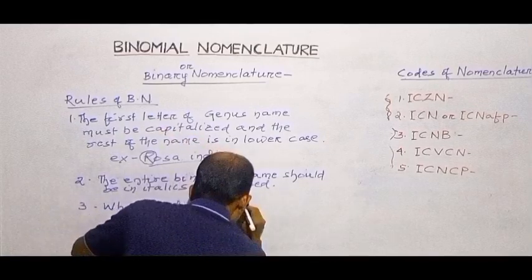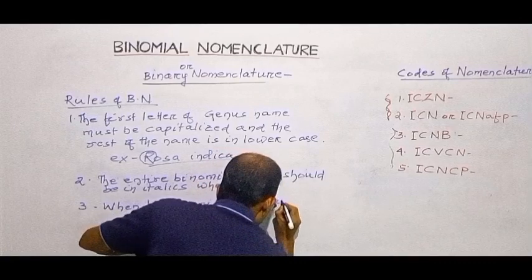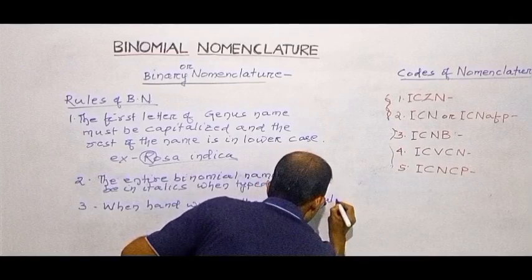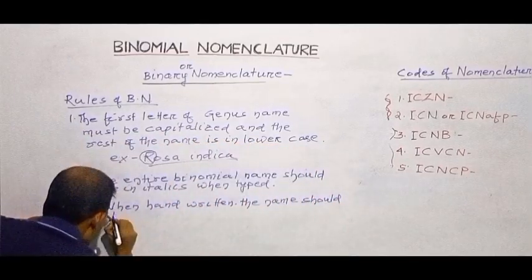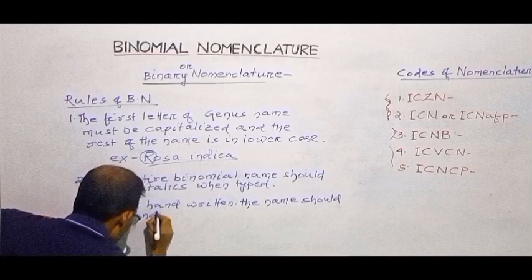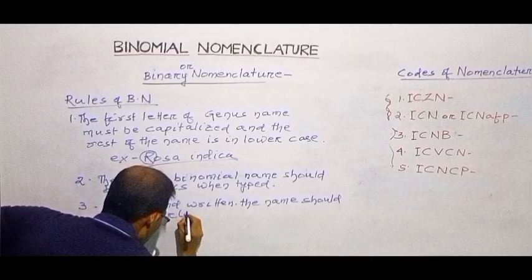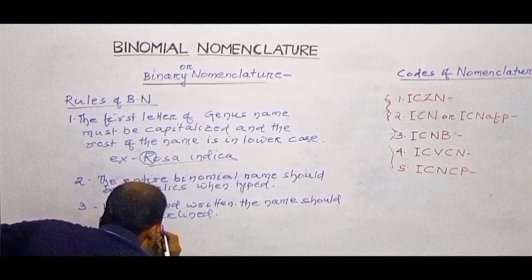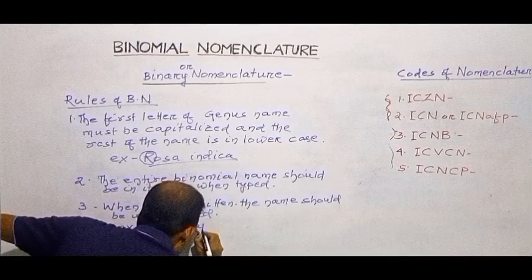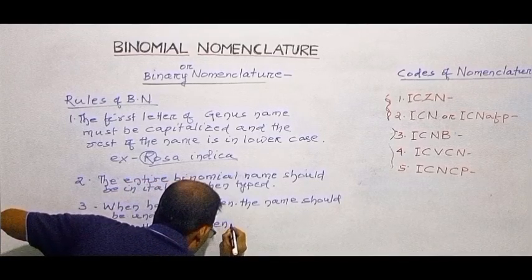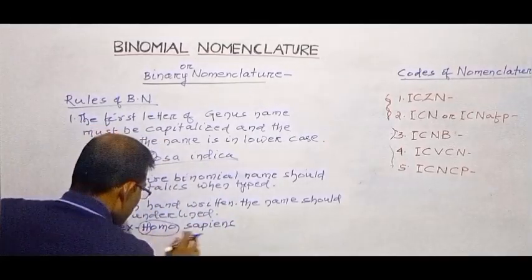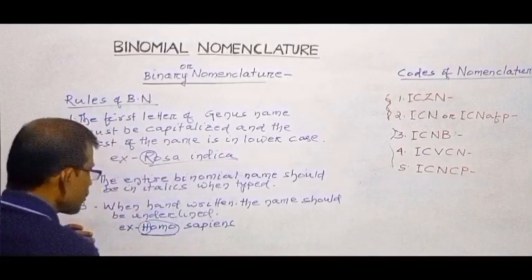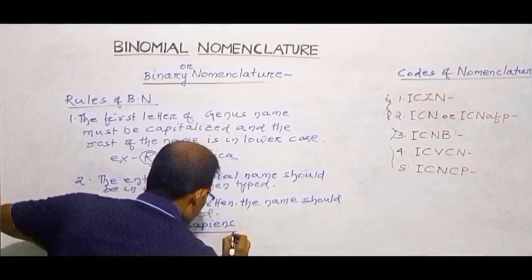Take an example, Homo sapiens. And when the scientific name is handwritten, the genus and the specific epithet must be underlined separately.